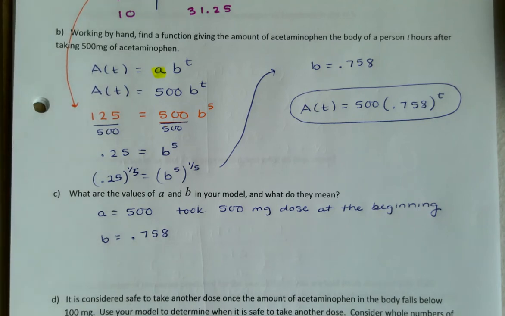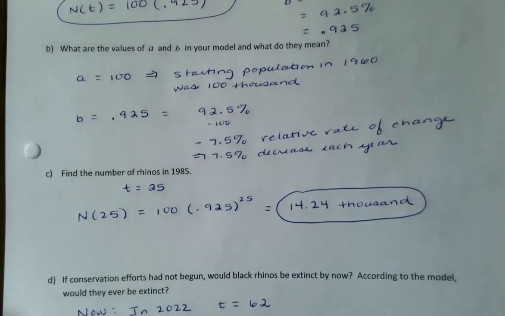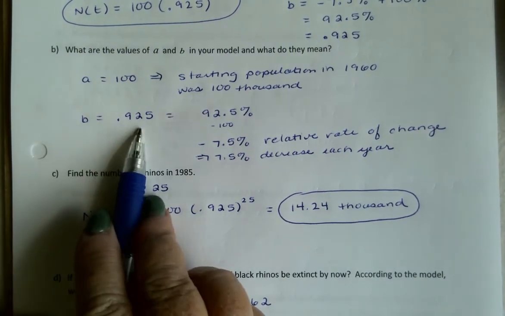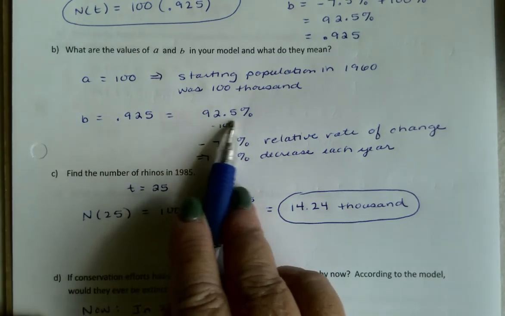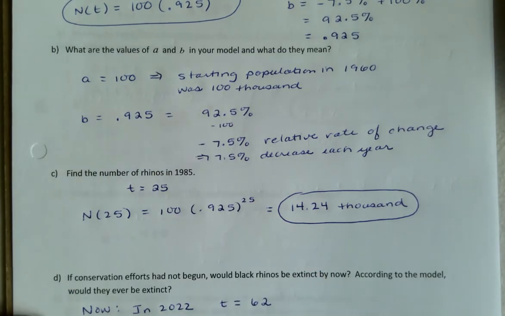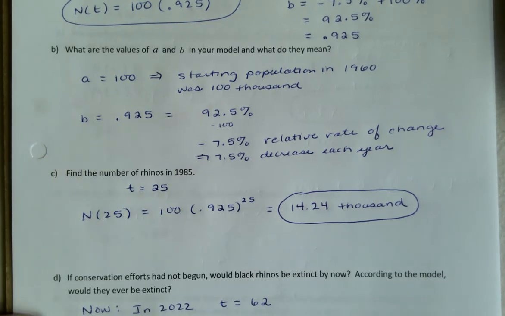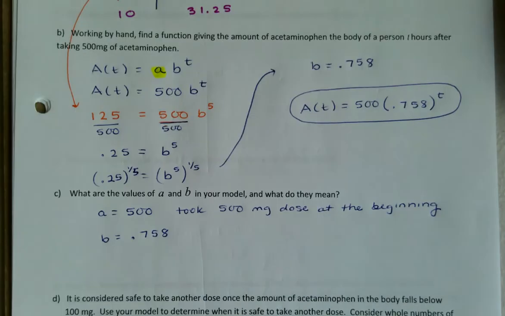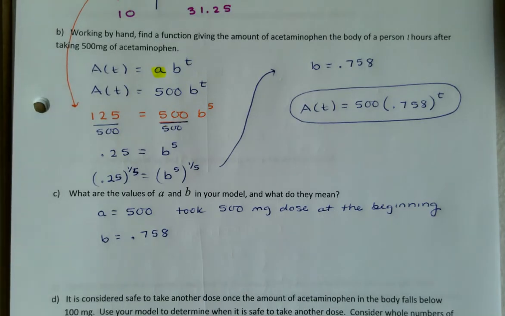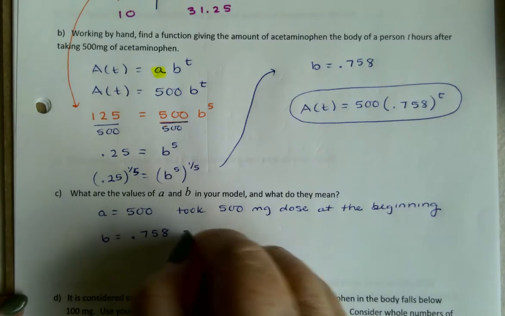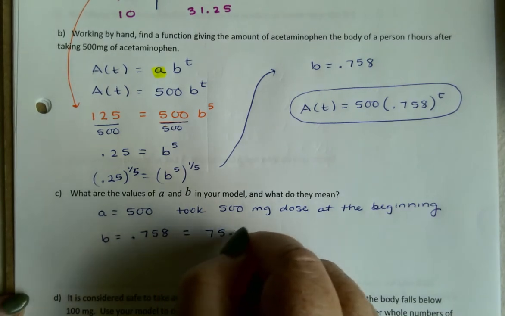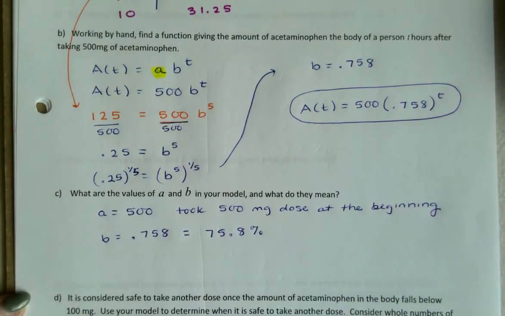Now I'm going to treat this just like I was treating the b's in the previous problems. Remember what we did? Whatever our b value was, we changed it and thought of it as a percent, subtracted the 100% we started with, and what was left gave us the relative rate of change. I'm going to do that same thing here. If I think of it as a percent, it would be 75.8%.